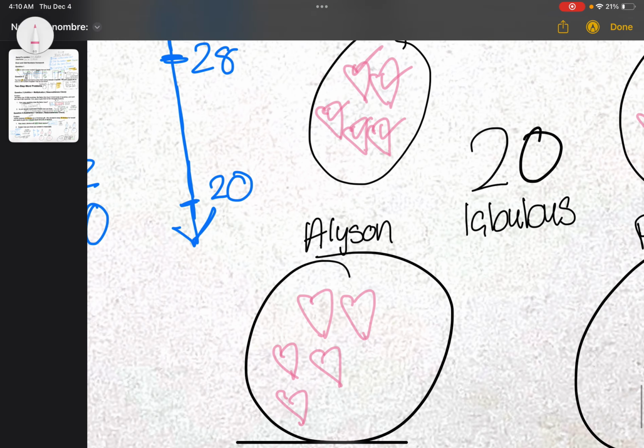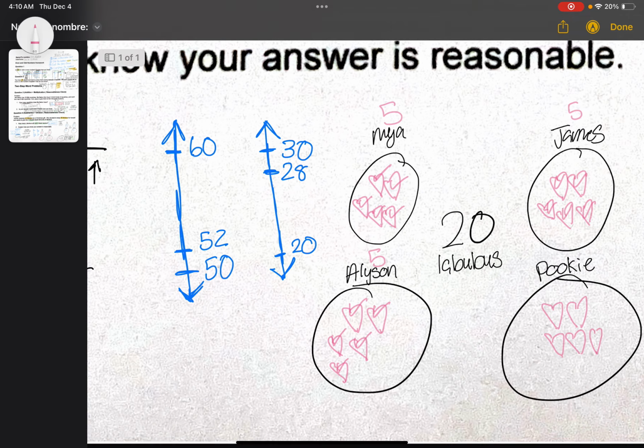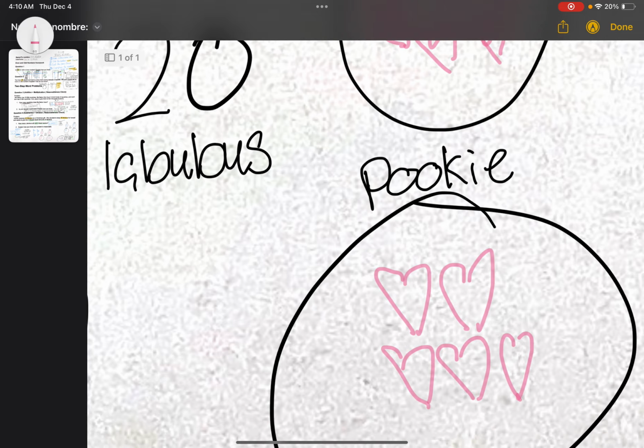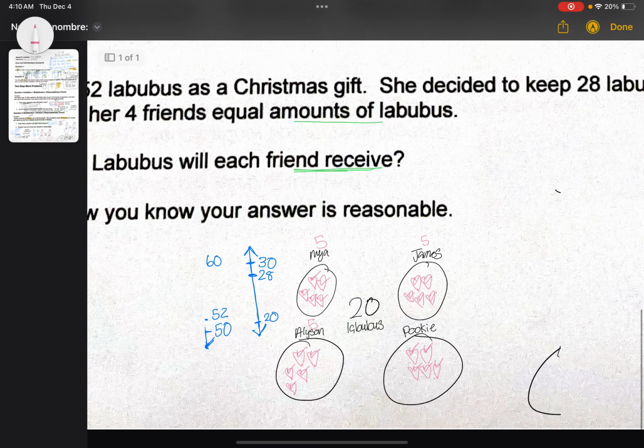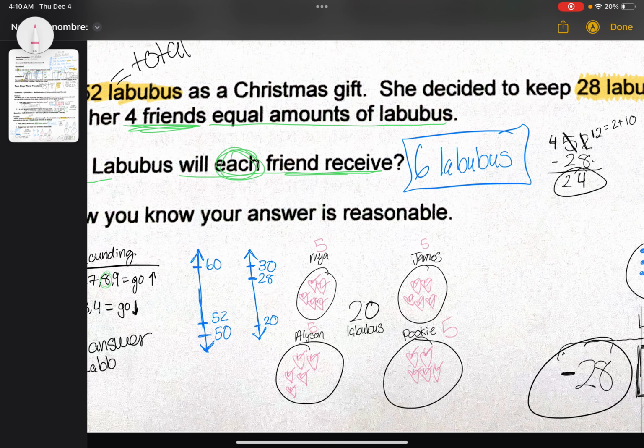Allison will have 1, 2, 3, 4, 5 labubus, just like Maya and James. And let's say hi to Pookie and see how many labubus she'll get. She'll have 1, 2, 3, 4, 5. She also got 5 labubus.